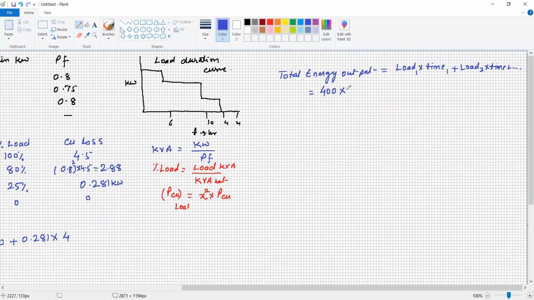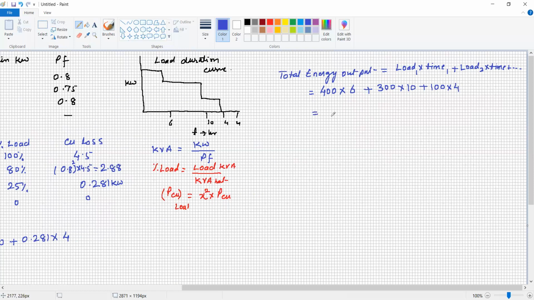So 400 multiplied by 6 hours, plus 300 kilowatt for 10 hours, and 100 kilowatt for 4 hours, isn't it?